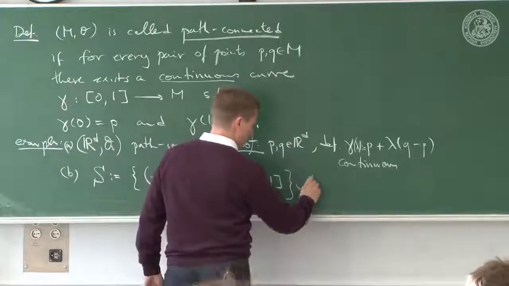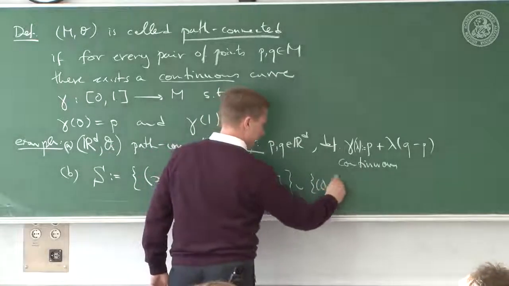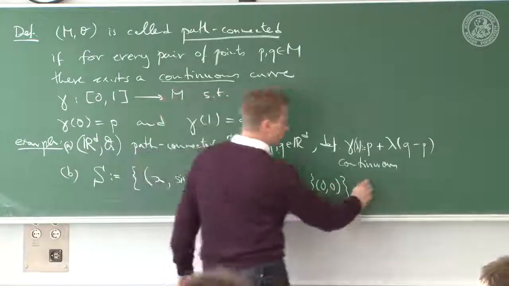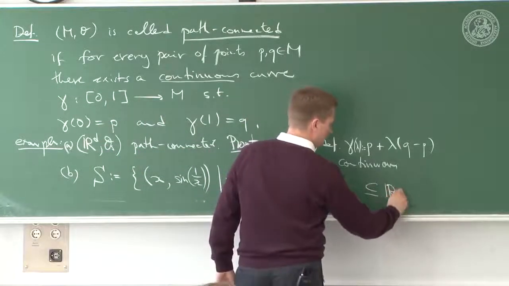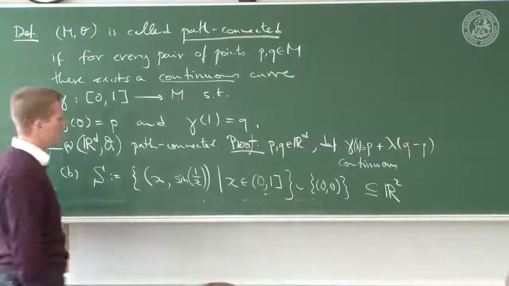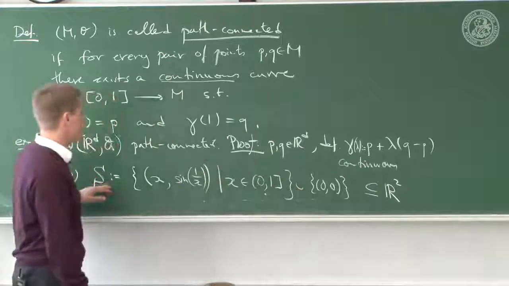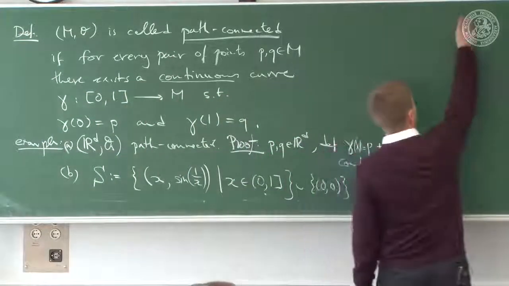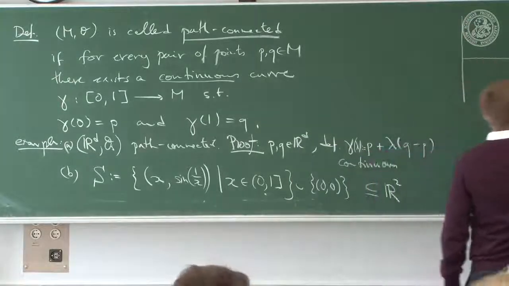And you also have to take the point (0, 0) into it. And all of this is supposed to be considered as a subset of the plane equipped with the standard topology.